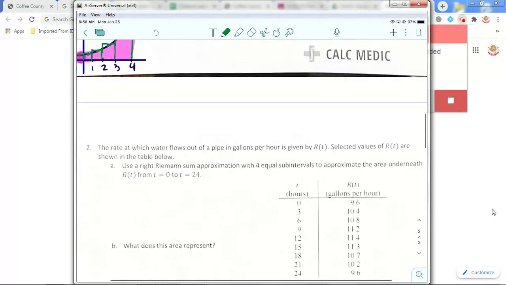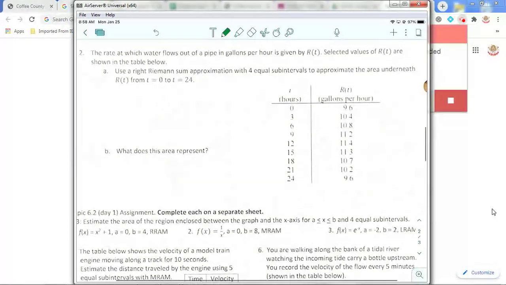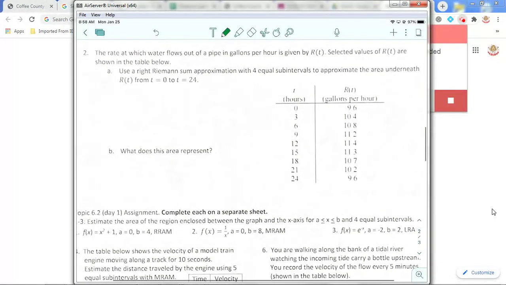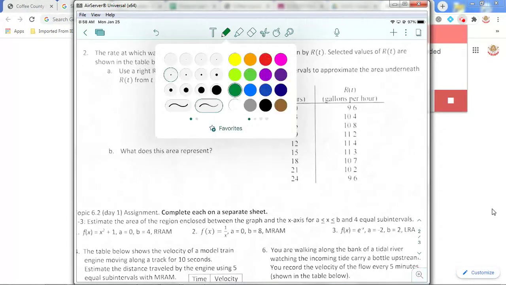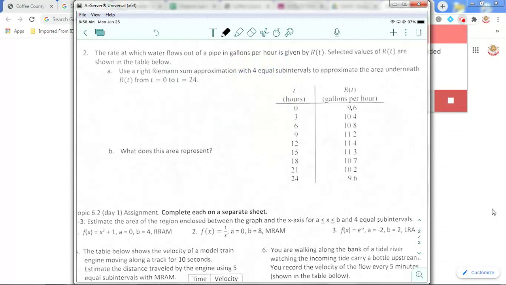Then part of your assignment is going to come from a table. The AP people really like using tables on their assignment. You can't see it, but we have decimals here, so I'm going to draw them in. Hopefully you can see it on your paper.